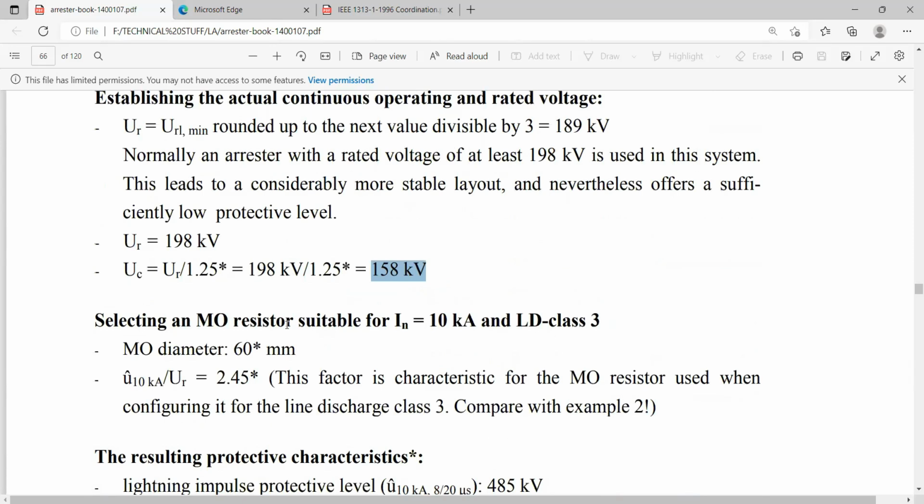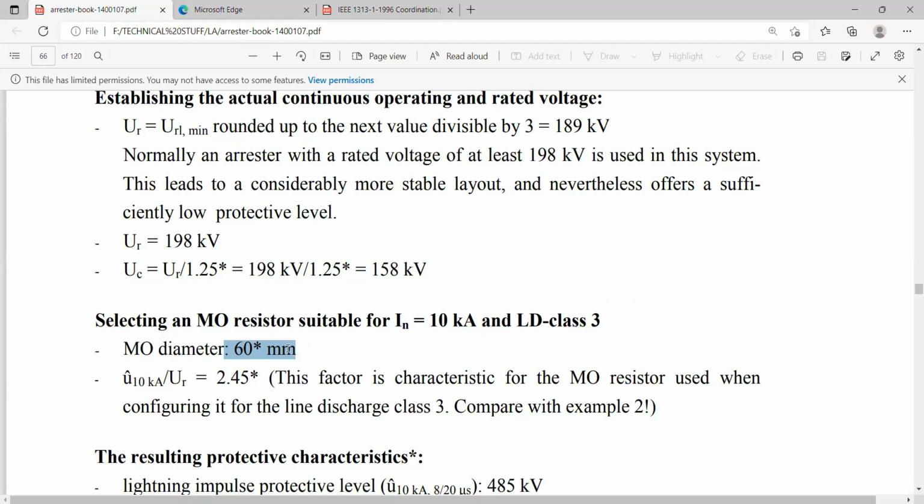Now I am selecting the MO resistor, team. I am selecting a suitable MO resistor with 10 kA and class 3. As per the manufacturer, it was a 60 mm diameter MO. This factor is the ratio of residual voltage to the rated voltage.